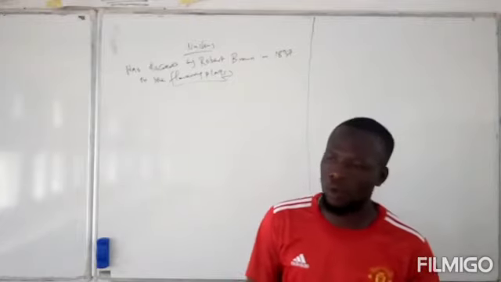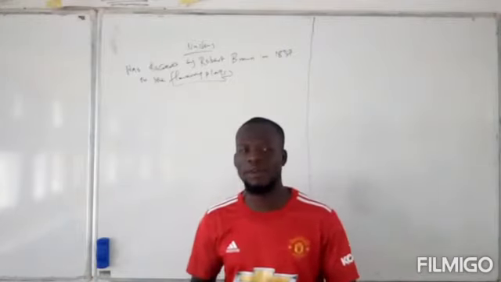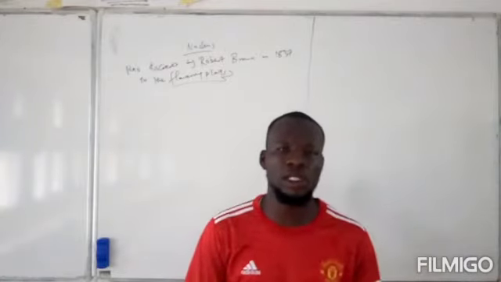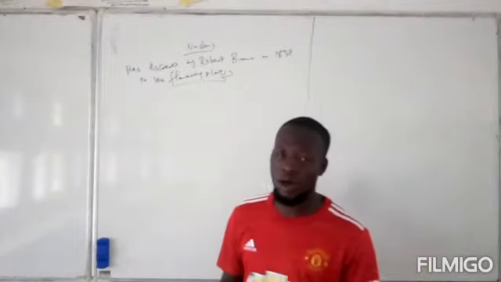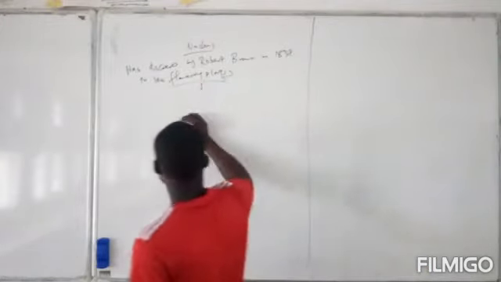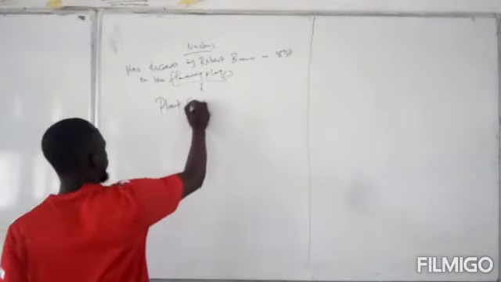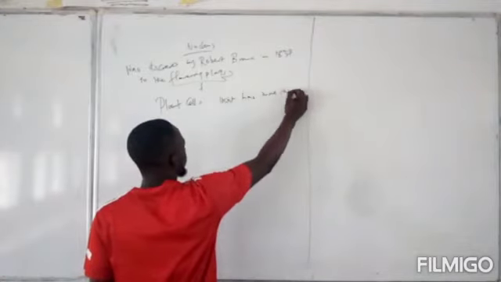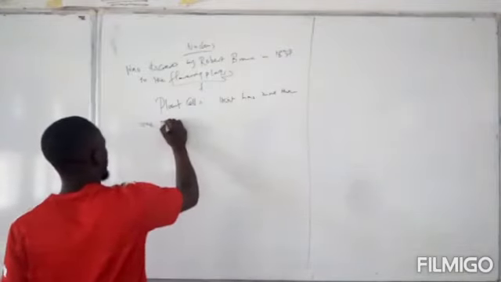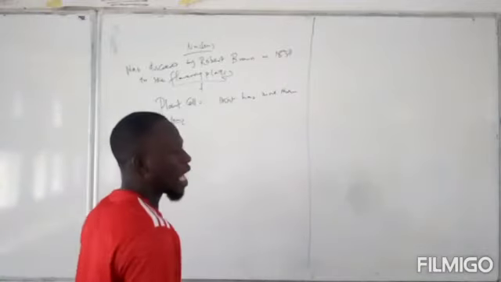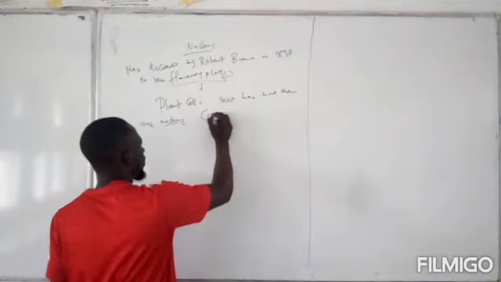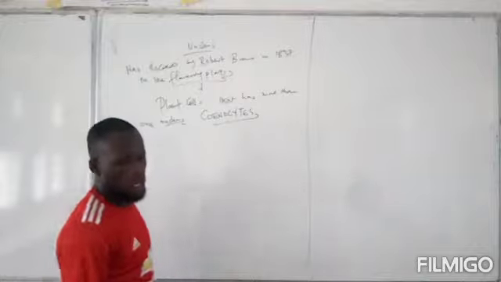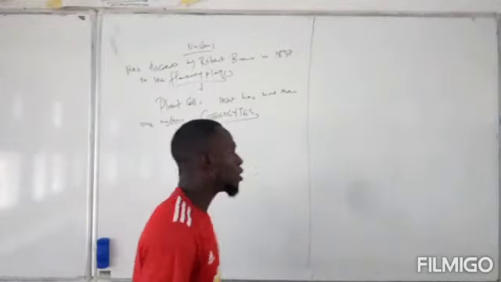In plant cells, we've observed that the nucleus can vary in different living organisms. Some cells have been discovered to have more than one nucleus. Plant cells that have more than one nucleus are known as coenocytes.